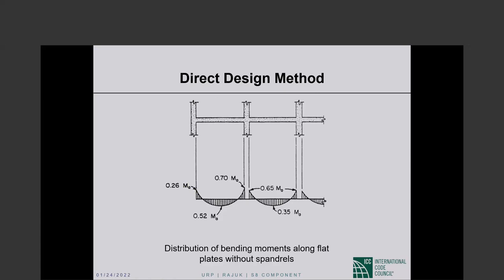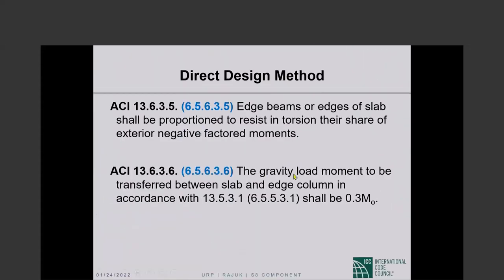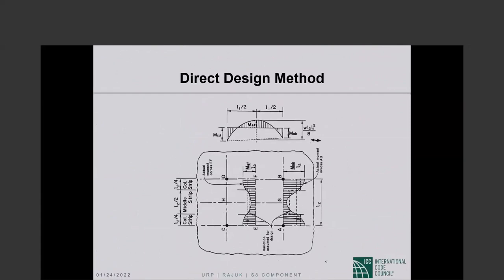Flexural design will continue to be based on 26% of M sub 0. So please note this section. It is easily overlooked, but it is very important.